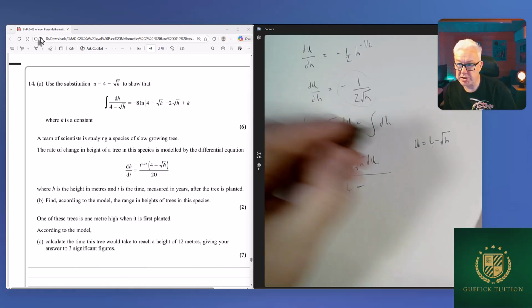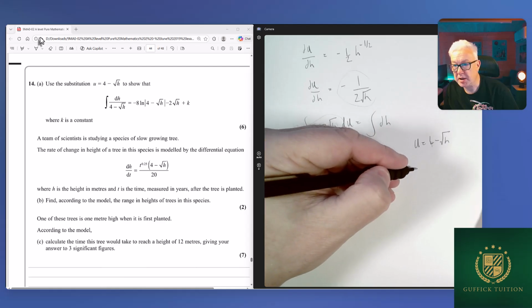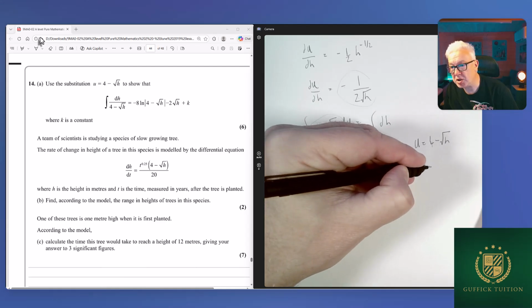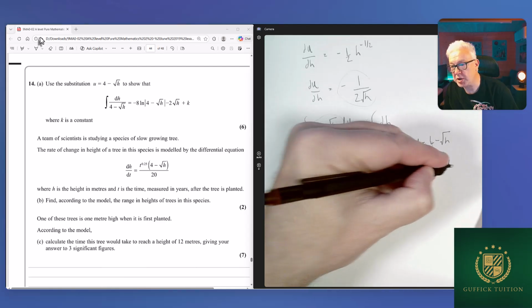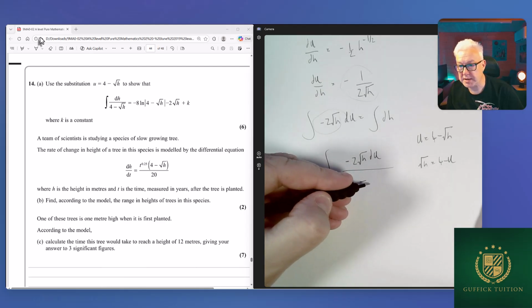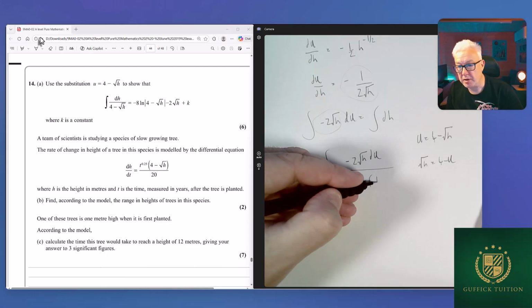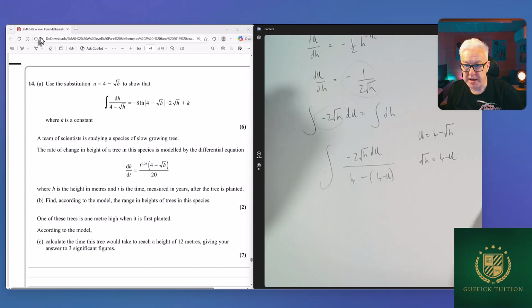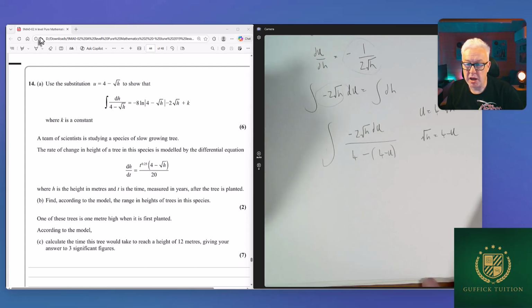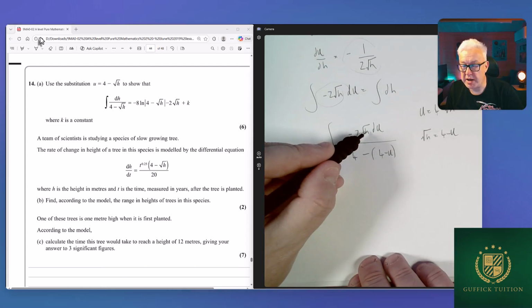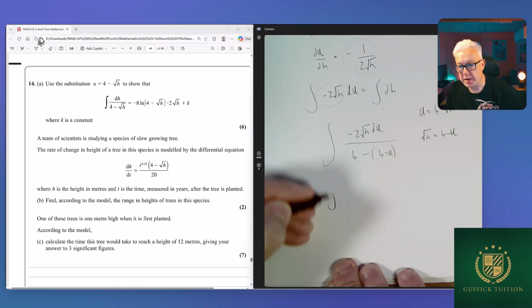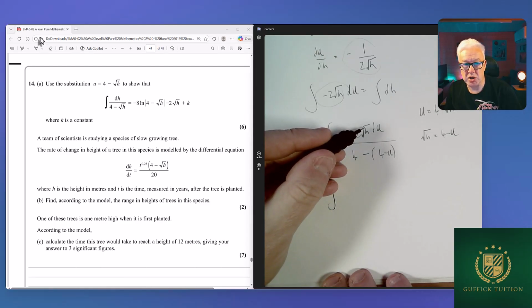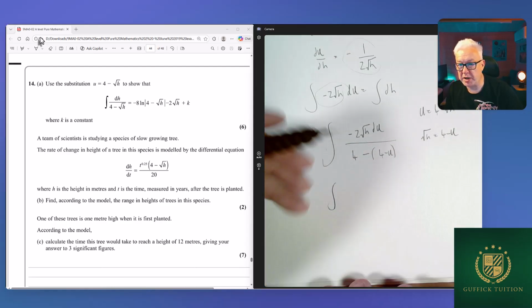If we rearrange this to make root h the subject, then we have root h is equal to 4 minus u. So we're going to replace our root h with 4 minus u in our denominator. So that's everything replaced now. No, not quite. We've got to replace our root h here in the numerator. So in the numerator, our root h, again, is going to be 4 minus u.